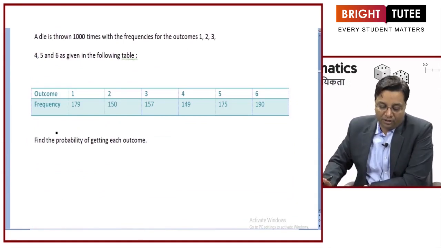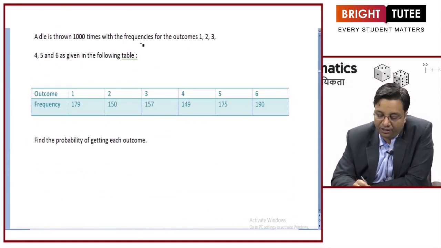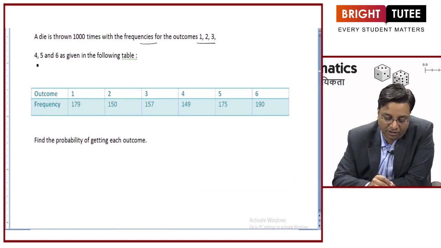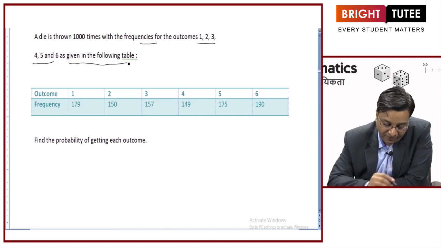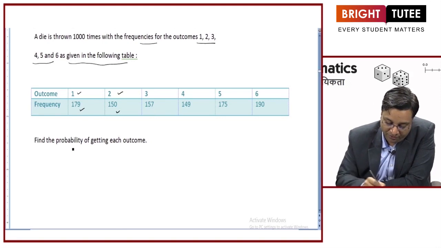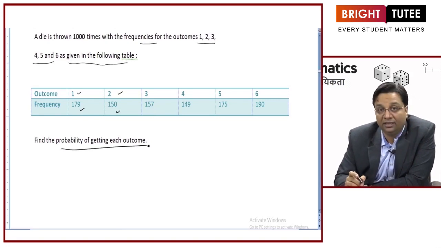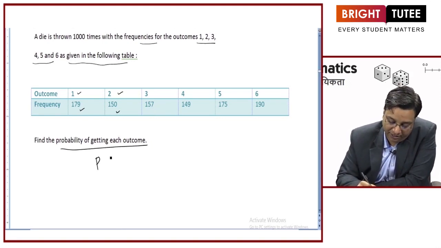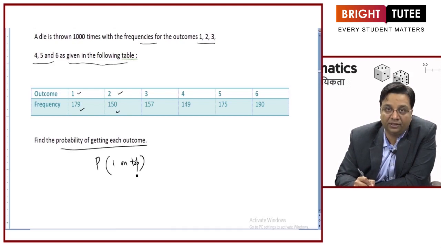A die is thrown 1000 times with the frequencies for the outcomes 1, 2, 3, 4, 5, 6 given in the following table. So 1 occurred 179 times, 2 came on top 150 times, 3 came on top 157 times, and so on. Find the probability of getting each outcome. Probability of 1 on top, right?